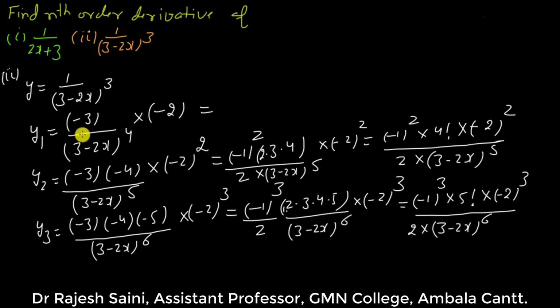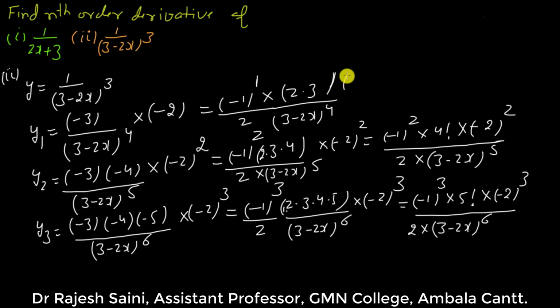Fine. The same thing, minus 1 raised to the power 1. It will be 2.3 divided by 2. So divide and multiply by 2, and it will be 3 minus 2x raised to the power 4 is equal to, and here also in multiplication we have minus 2 raised to the power 1.